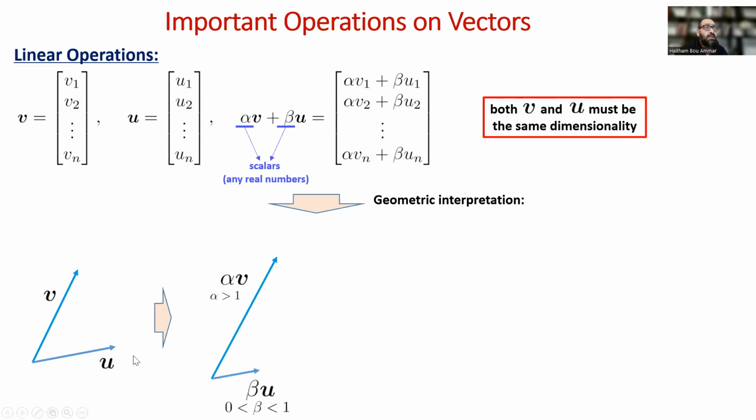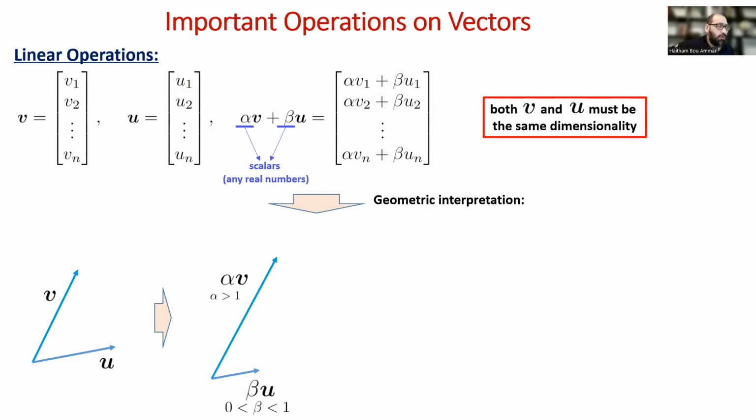And now if we multiply the vector u by beta, which is positive but smaller than 1, then what we've done is we actually shrink that vector. Because if we multiply by something bigger, if you remember the figure I just had, you would go higher, to 3, 6, I believe, in the example.